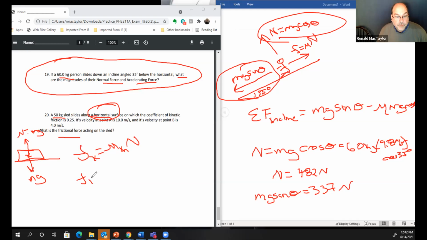So Fk equals coefficient of kinetic friction, 0.25, times mg, 50 kilograms times 9.8 meters per second squared.